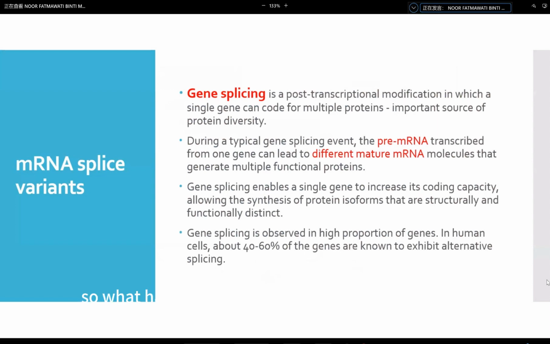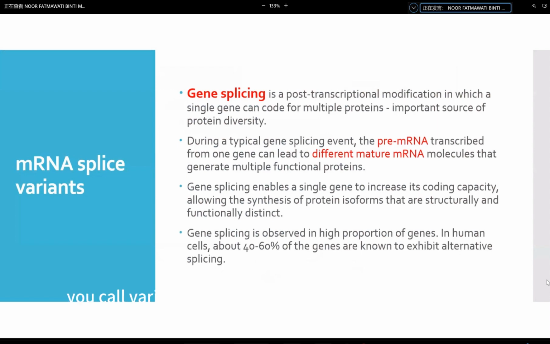So during alternative splicing, we don't know whether it could be random, or whether there is some kind of signal to control the splicing. From this splicing, there will be several types of variants. It's almost like when you have a mutation, you call it a variant as well, right?